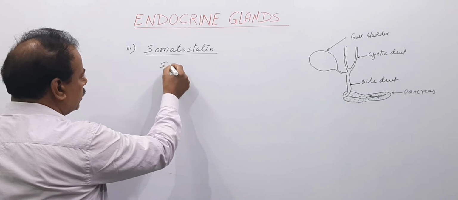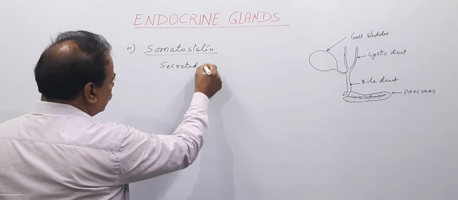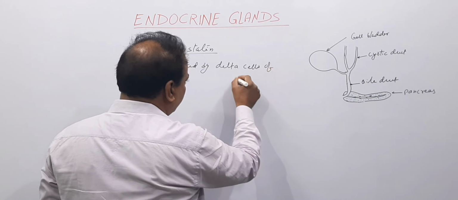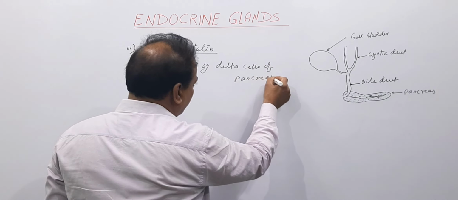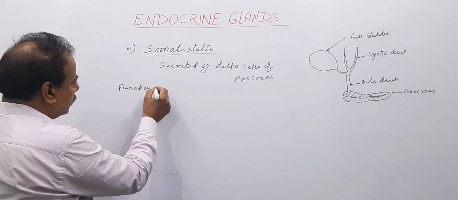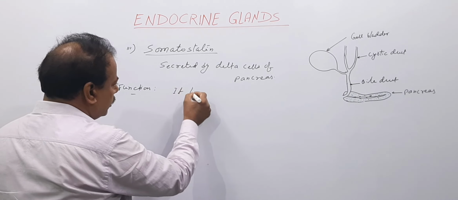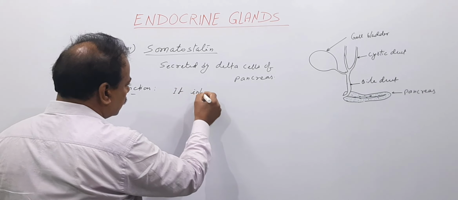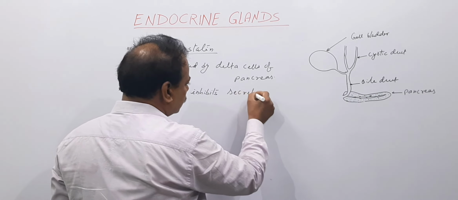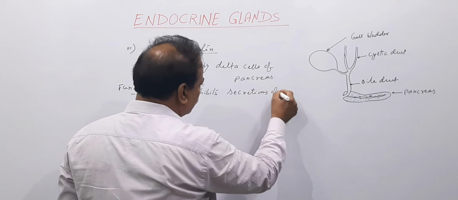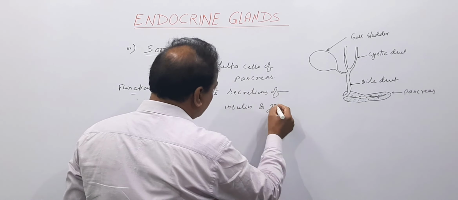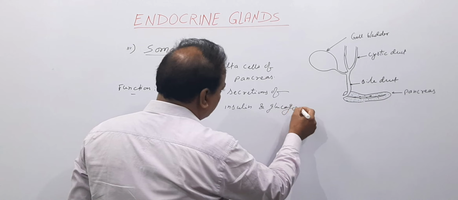Somatostatin is secreted by delta cells of the pancreas, and it inhibits secretions of insulin and glucagon.